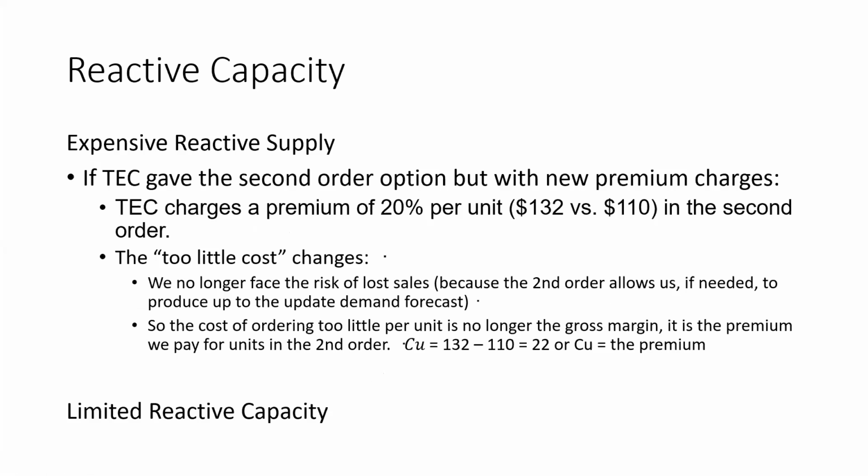Okay, reactive capacity. We need to break it down into 2 parts. The first one is expensive reactive supply, and the other one is limited reactive capacity. So the first one, expensive reactive supply. The background of this is that Tech gives a second order option.